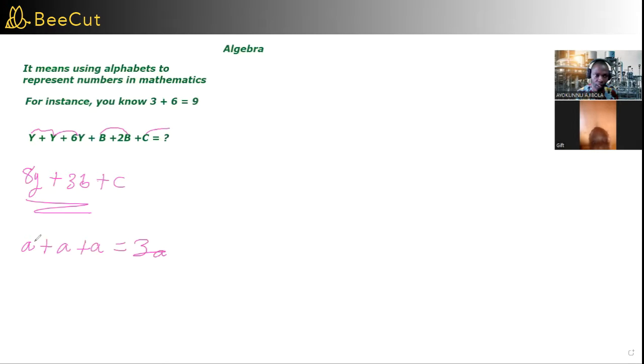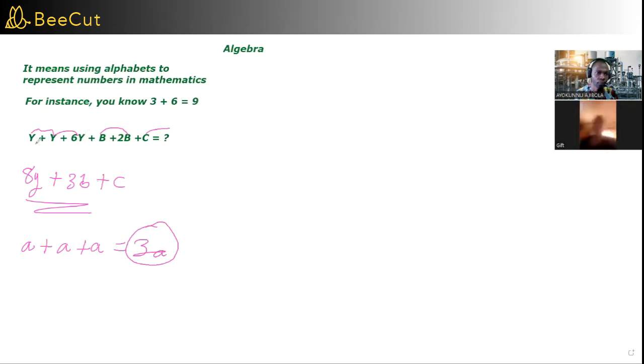Because I have to take the a and add. Let's assume these a's are the plastic alphabets that children play with. I put one a in the basket, I add another a, I add another a, then I'm going to have 3a. Is that clear? Yes, sir.